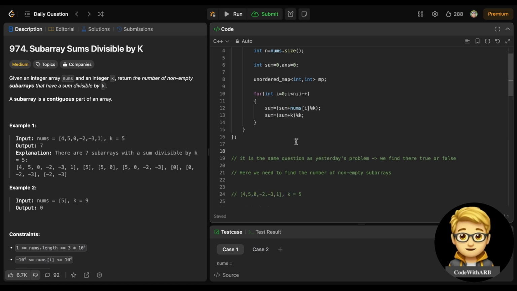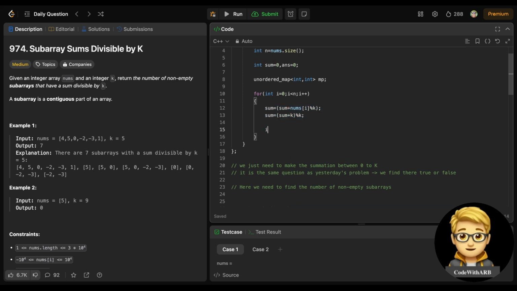Our motto is to make the summation between 0 to k. After taking modulus, we add this k if it becomes a negative number, so that it becomes positive. That's the whole motto of this part.